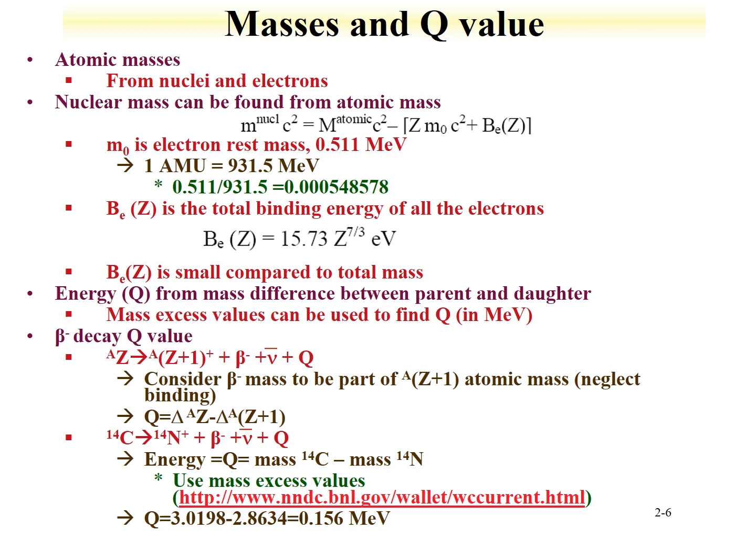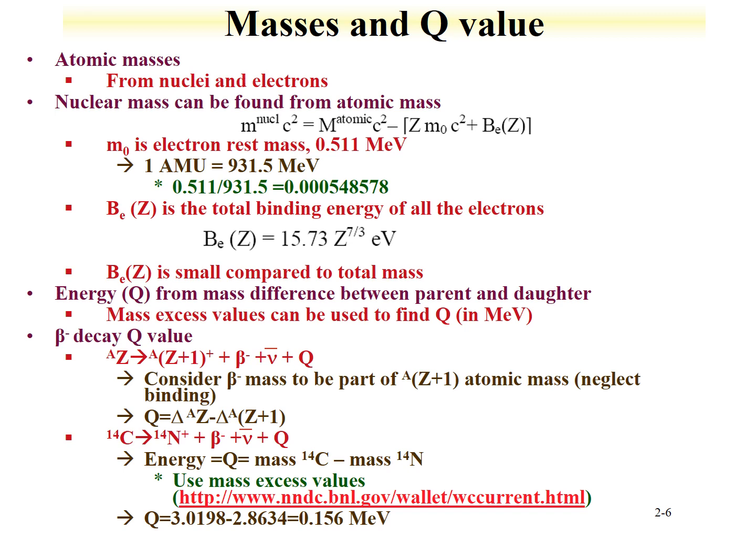Now the electron rest mass is about half an MeV. We know that an atomic mass unit is about 1,000 MeV, so the 0.511 MeV electron mass divided by 931.5 MeV is a pretty small number, 5.5 times 10 to the negative 4.